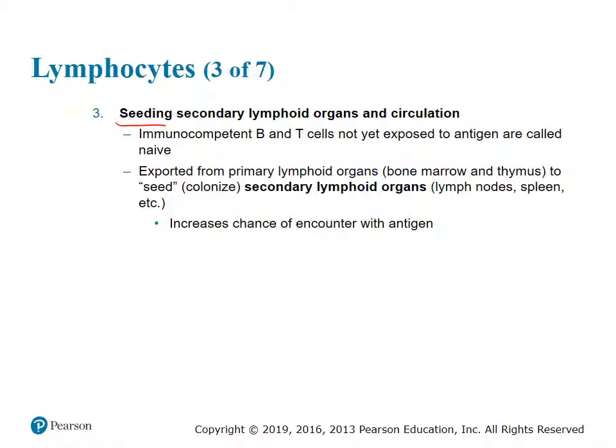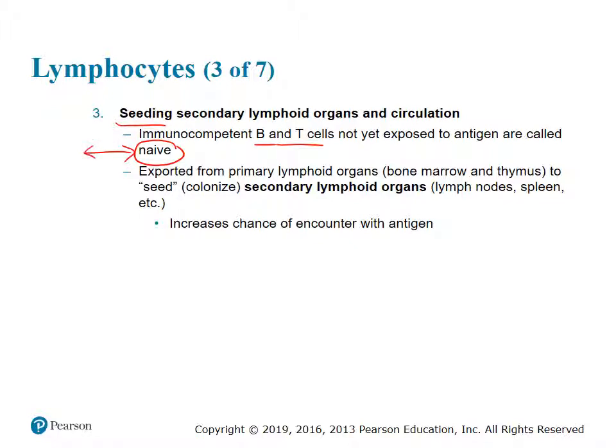And if you think of that in this context, that's why we call this seeding, because we take these B and T cells, after they've come out of their police academy in our example, and are ready to be on the beat, on patrol, in traffic, and on the streets, right? We call these naive, by the way, right?